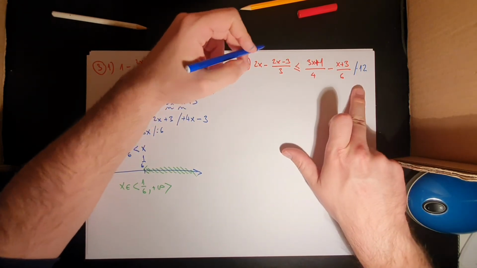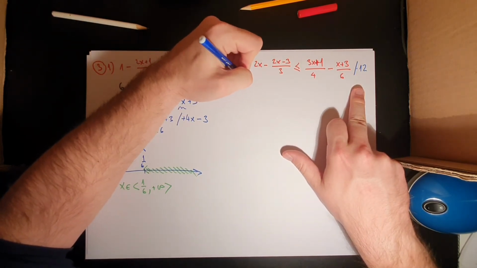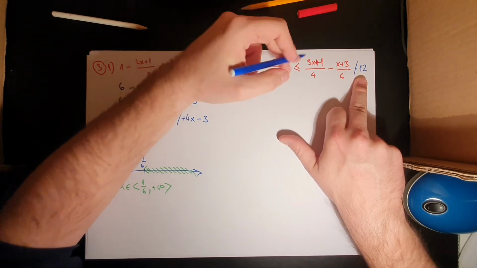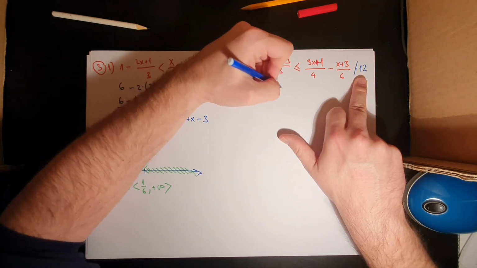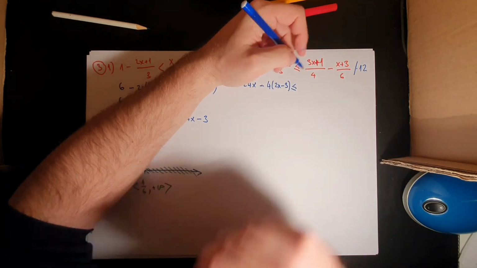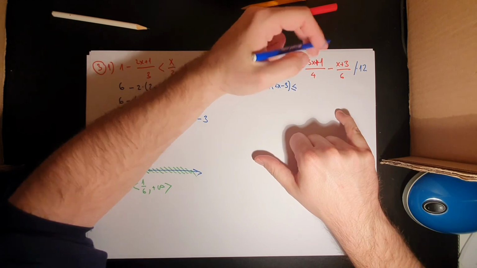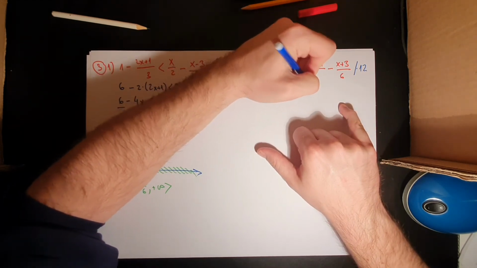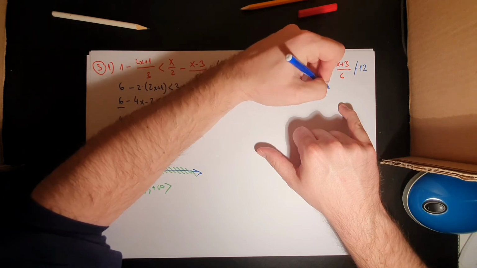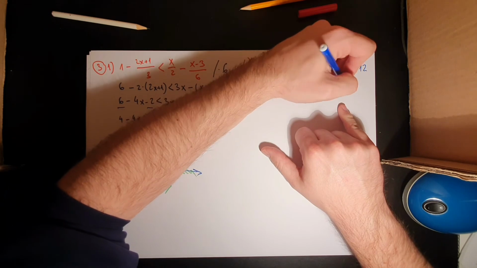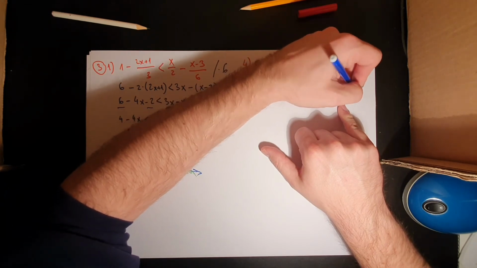So 2 times 12 is 24x altogether, minus 12 divided by 3 is 4 times (2x minus 3), less or equal to 12 divided by 4 is 3 times (3x plus 1). And in the end, we have 12 divided by 6, which is going to leave 2 times (x plus 3).